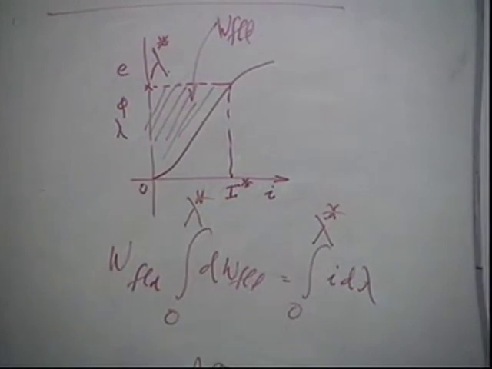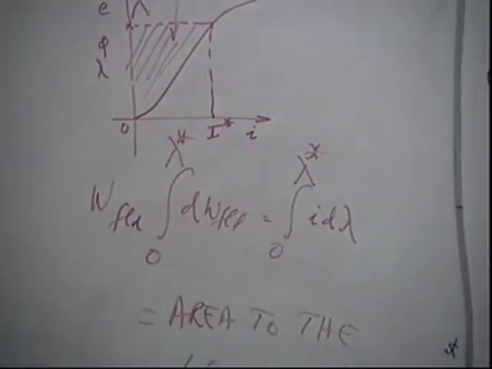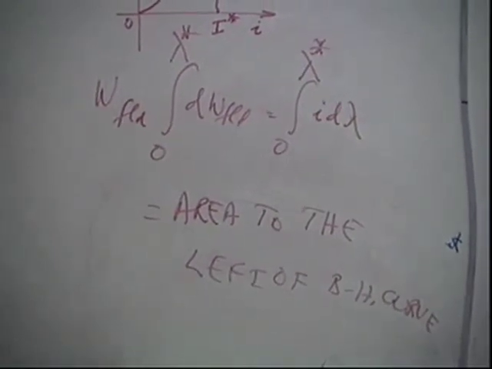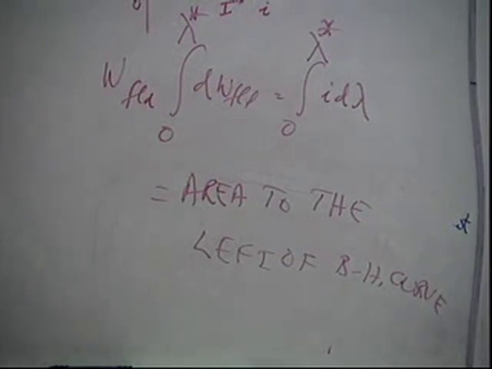Now with this fundamental principle being understood, that in the process of exciting the magnetic circuit from 0 flux to a given flux phi star or lambda star, certain energy is taken from the source.